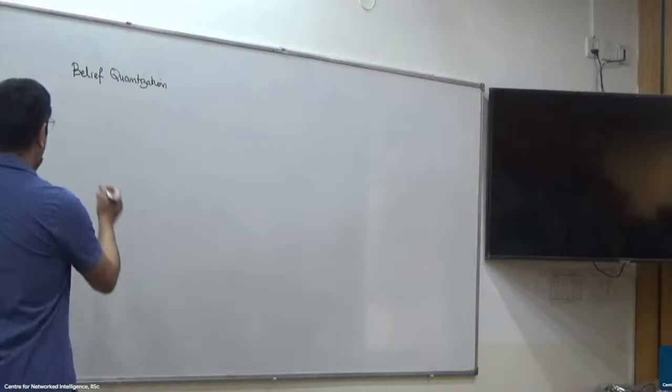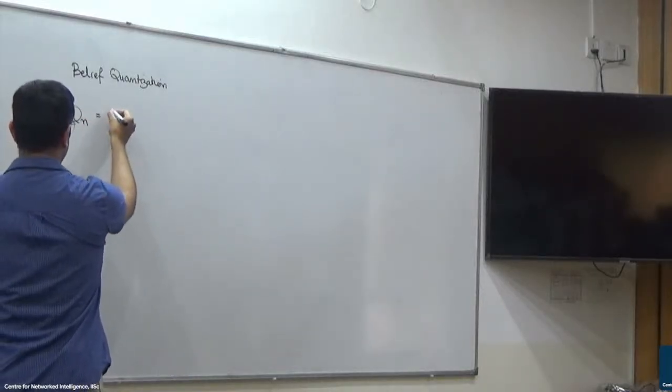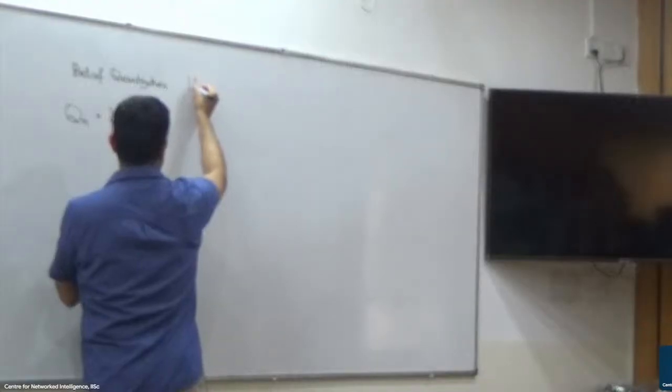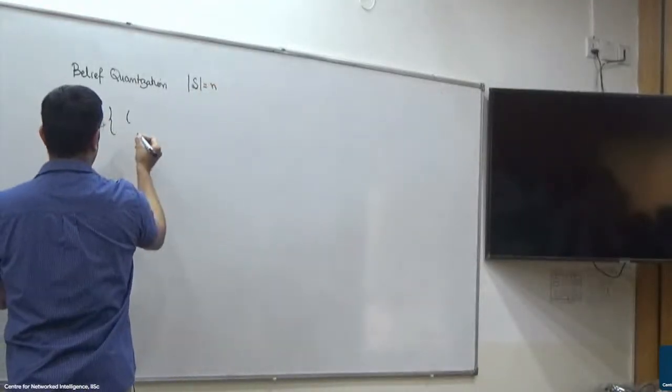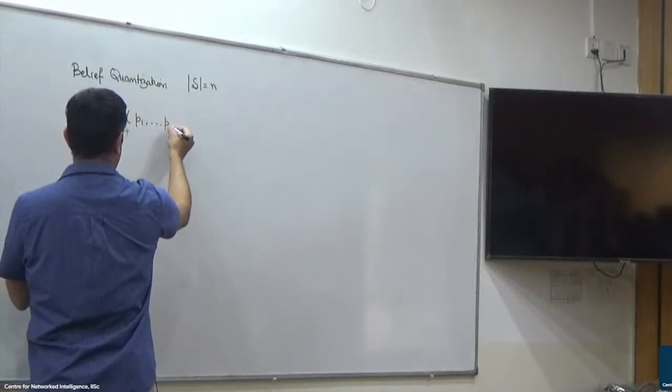Let me think of a quantized alphabet. This is the set of all PMFs. So let's say the cardinality of F was equal to n, and let me call this m. So this will be a collection of numbers P1 to Pn.